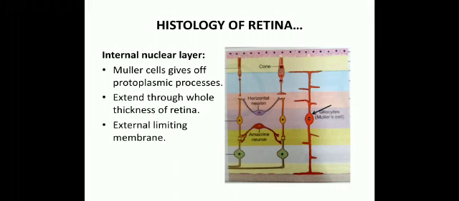Internally, the gliocytes extend to the inner aspect, where they form the internal limiting membrane. This membrane separates the retina from the vitreous. The retinal gliocytes are neuroglial in nature. They support the neurons of the retina and may ensheath them. So, they also have a nutritive function.